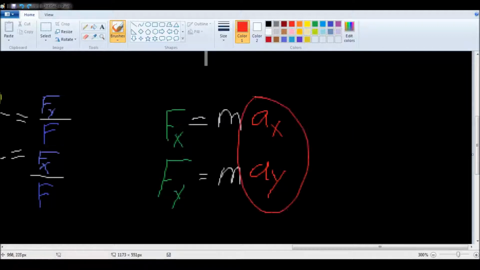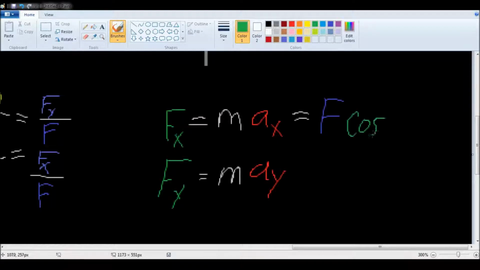So both of these will be 0. And if we're given a force, well, we already know what these are. We can set that equal to F cosine theta and F sine theta.